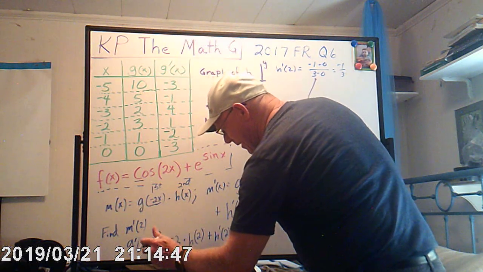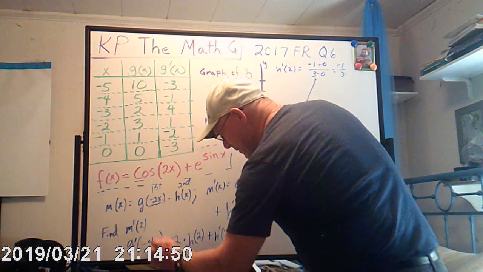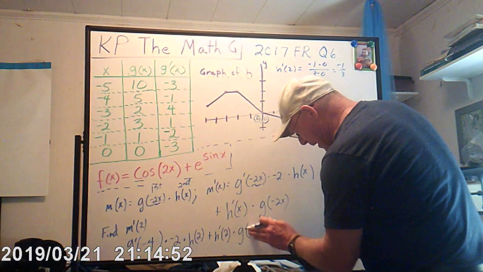So let's go ahead and do that. Negative 2 times 2 is negative 4. We can do that.